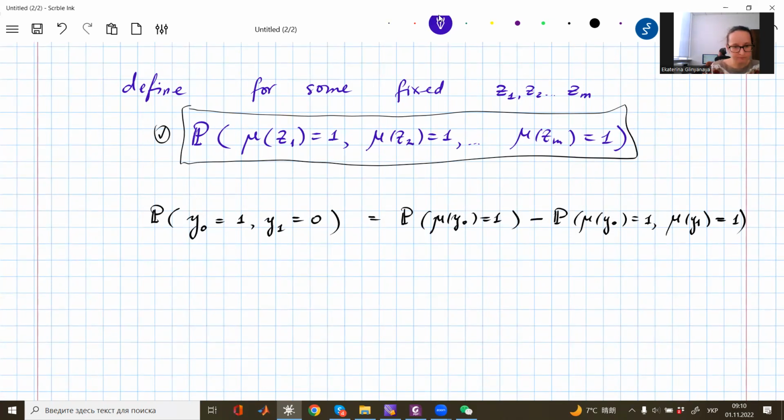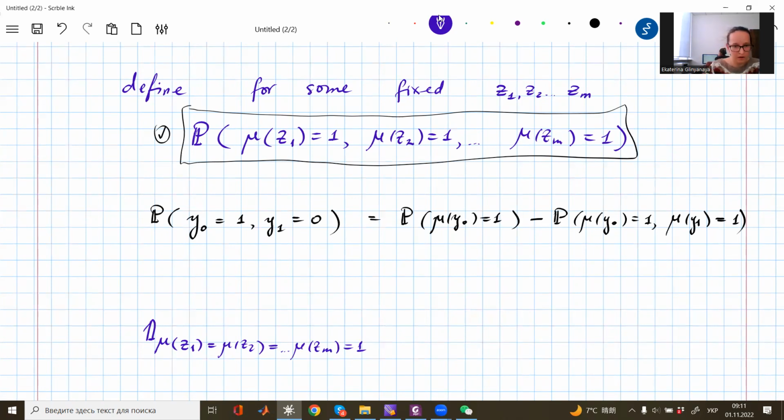Not the event, just the indicator of such an event, that I have mu at z1 is equal to 1, mu from z2 is equal to 1, and so on, mu from zm is equal to 1.